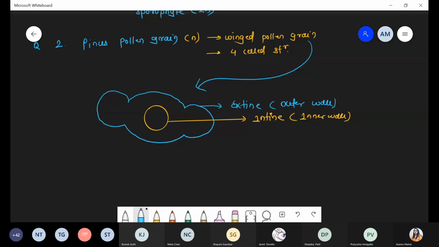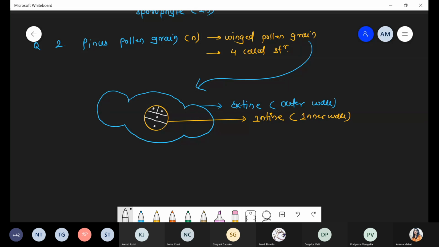Now we are talking about the meaning of the four-cell structure. The ploidy level of that pollen grain is haploid in nature, but inside the intine layer there is a presence of a four-cell structure: one cell, two cell, three, and four.